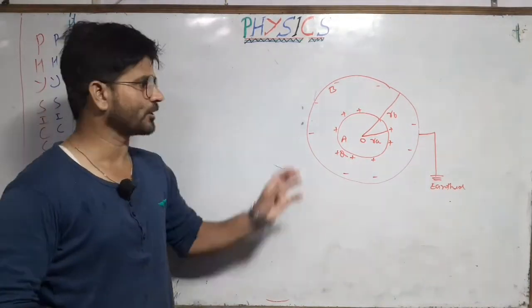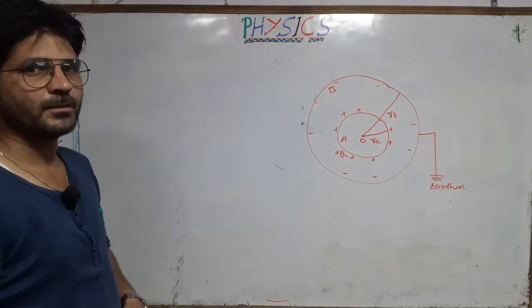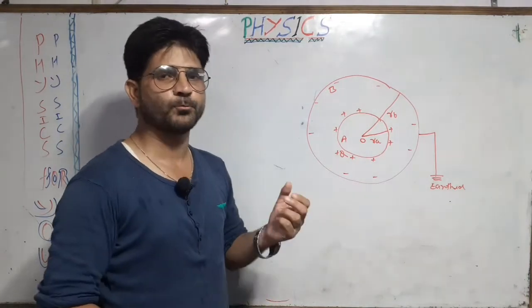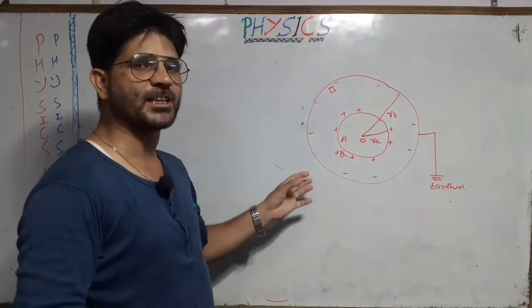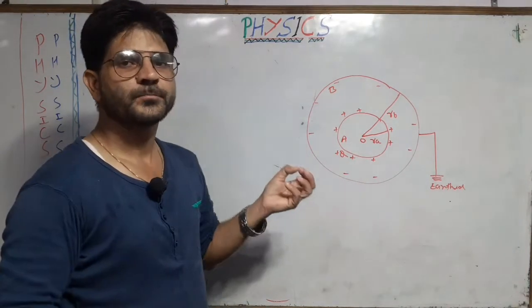So what is this? Now you have to guess. I think you know. This is a capacitor according to the definition. When we have two conductors having equal and opposite charge separated by a certain distance, this is called a capacitor.